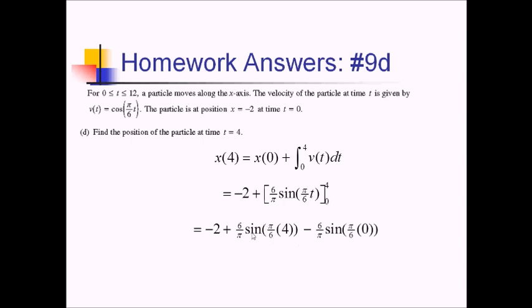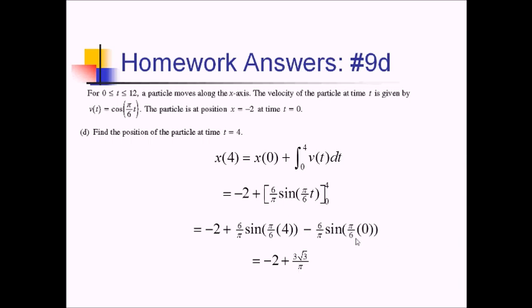So if I do sine of essentially 2/3 pi, that's essentially sine of 120, which is going to end up being radical 3 over 2. So we have 6 root 3 over 2 pi, which is just going to be 3 root 3 over pi. 6 and 2 cancel out, so that's just 3 over pi there.